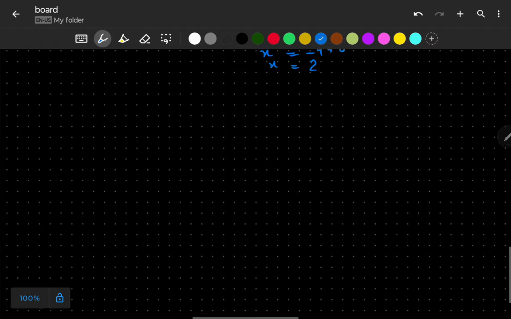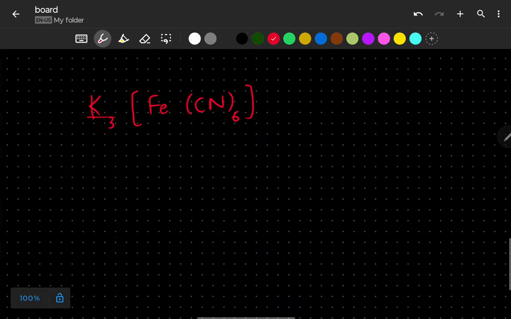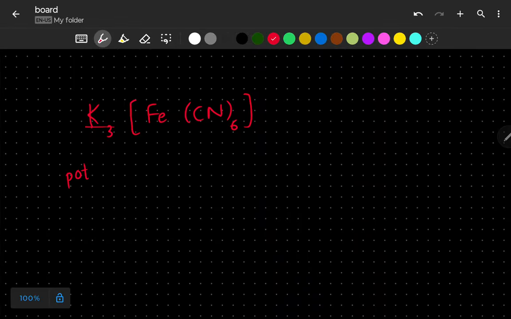So now move on to the second compound, K3[Fe(CN)6]. Again, this is a cation, potassium. Hexacyanoferrate. And now calculate the oxidation state.